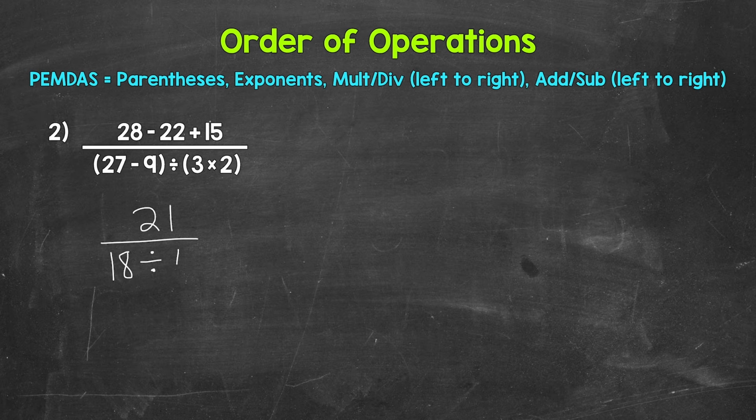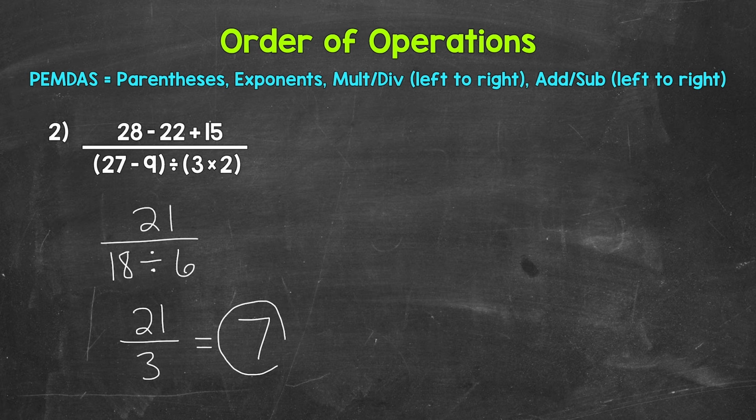That gives us 6. So we have 21 for the numerator. And then as far as the denominator, the bottom, let's do 18 divided by 6. That gives us 3. So we end up with 21 over 3. 21 divided by 3. That gives us 7. And this is our final answer.